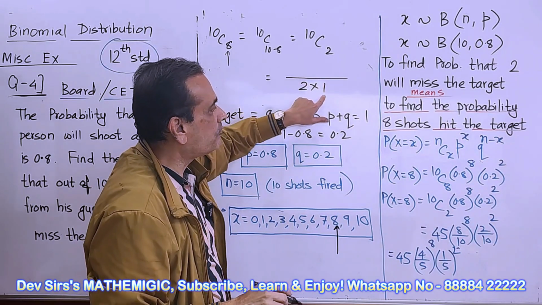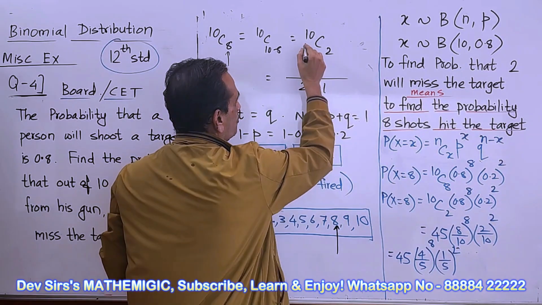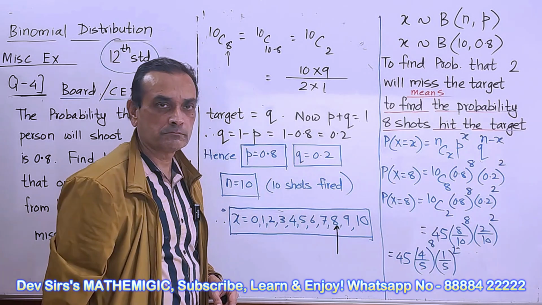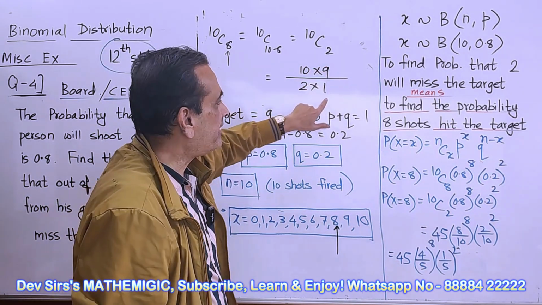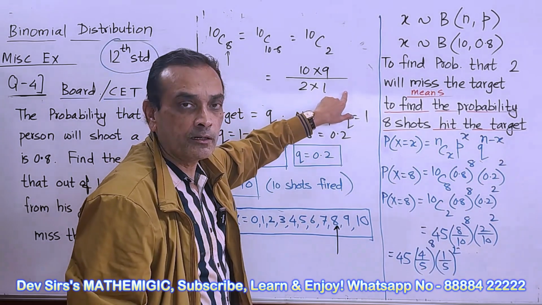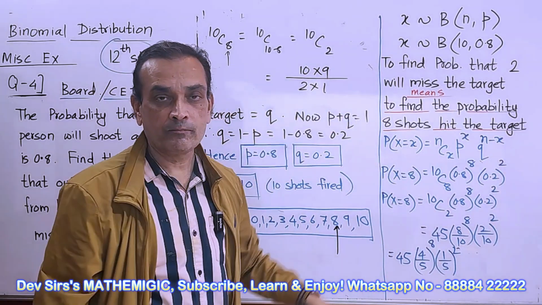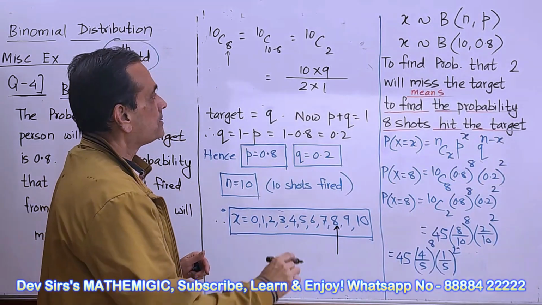So it is just 2 into 1 here. And because you are taking 2 numbers here, take 2 numbers on top also: 10 into 9. If it was 10C3, I would have taken 3 into 2 into 1, and on top also 3 numbers: 10 into 9 into 8. Simple stuff to remember. Okay?